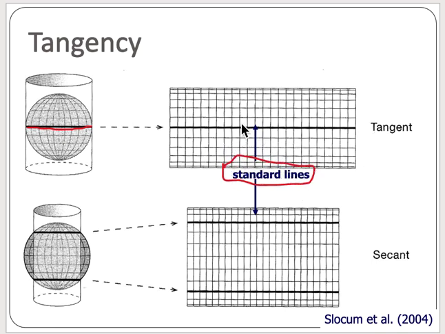And then we could see here in this example, this is a secant because we have two standard lines, or two lines of contact between the projection surface and the Earth. So the map is true to scale only around that standard line. So here in this area, the map is true to scale, meaning that there are no distortions of that area over here where the projection surface is touching the Earth's surface.